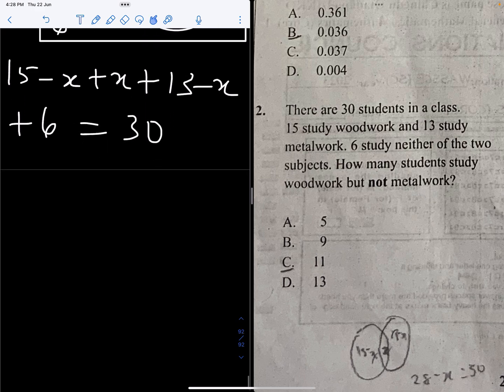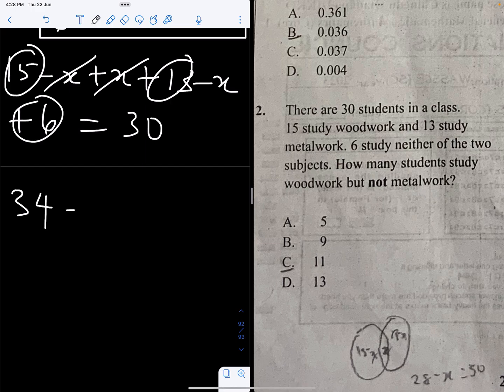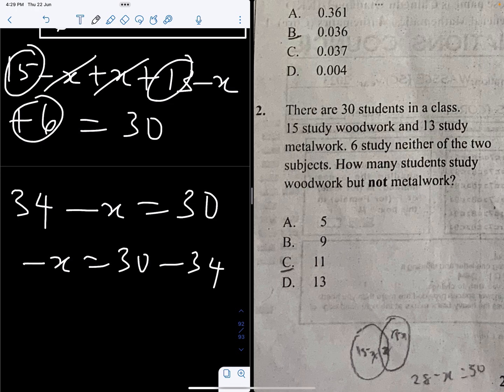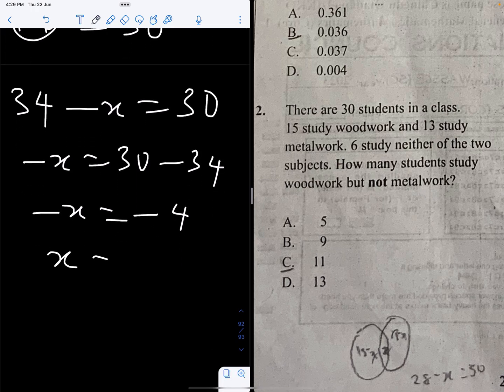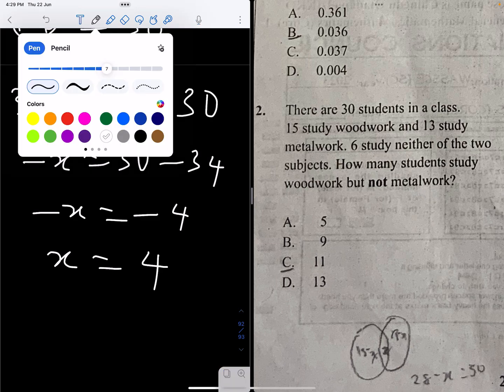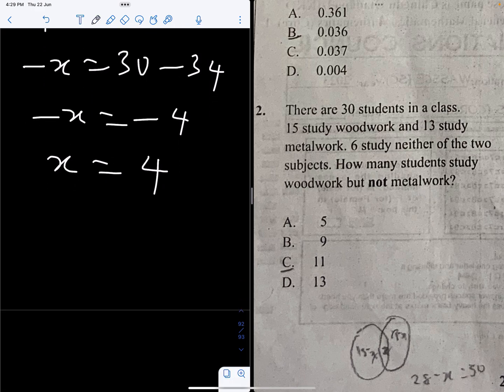That simply means minus X plus minus X... The X terms combine, and 15 plus 13 plus 6 is 34. That means 34 minus X equals 30. So minus X equals 30 minus 34, which means minus X equals minus 4. And that simply means X equals 4. Now, that means the number of students who offered both woodwork and metalwork is 4.